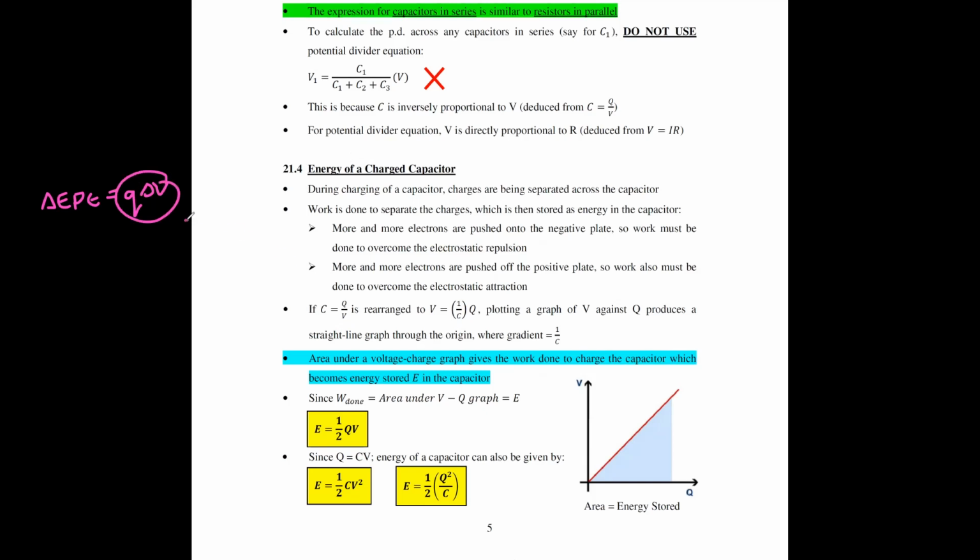It somehow seems similar to this, isn't it? Where you see charge times your potential difference. This equation here is only for isolated charge in an E field. It's a different thing.